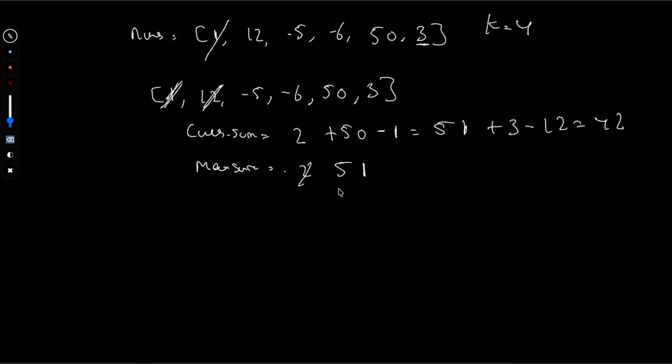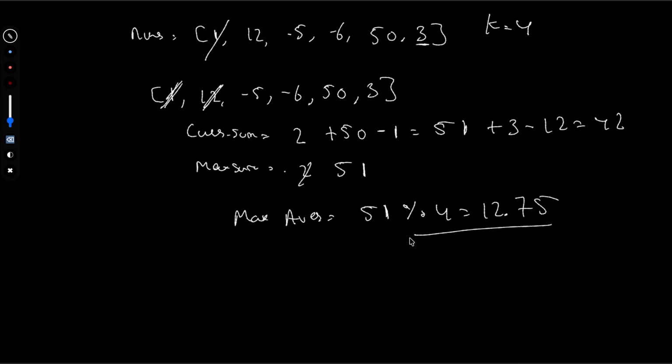So the max sum is still 51. The final maximum average is equal to 51 divided by 4, which is 12.75. So that's how it works.